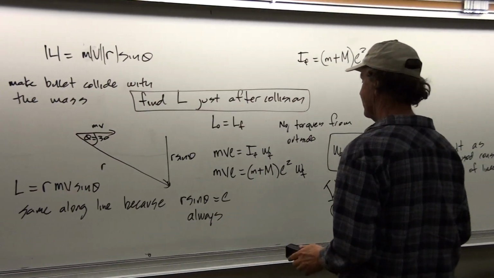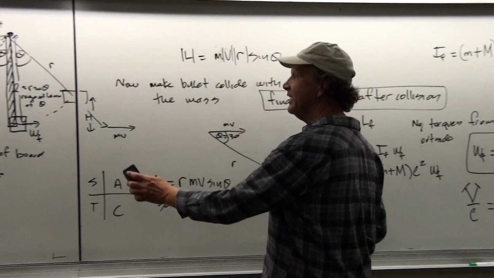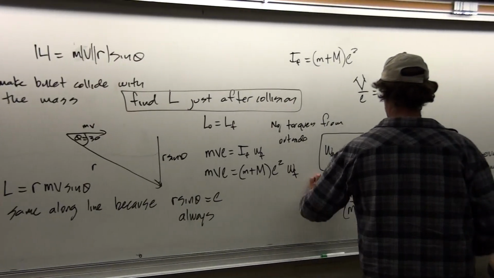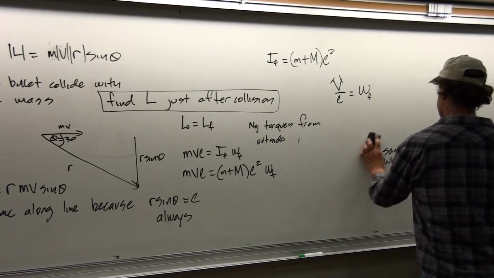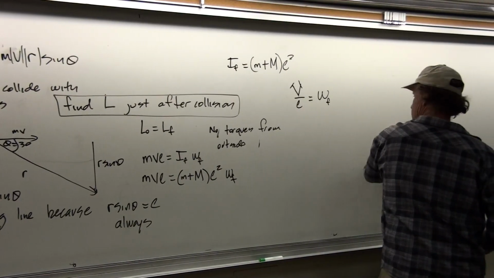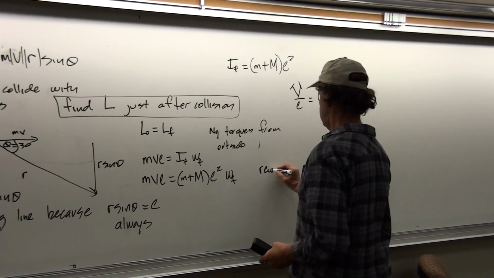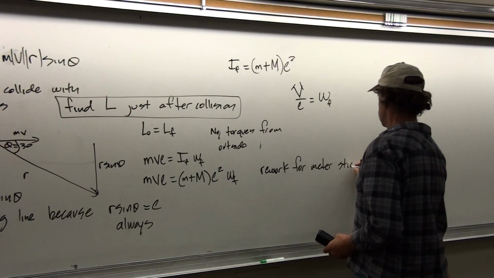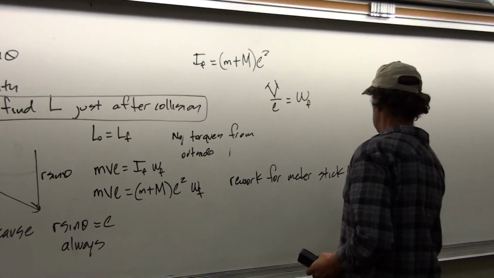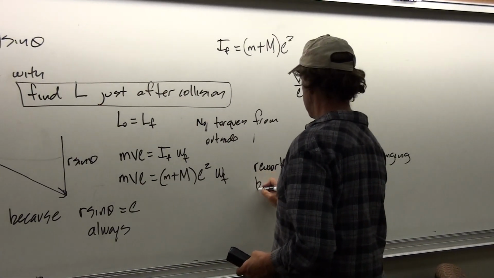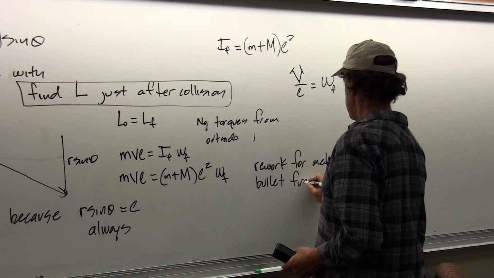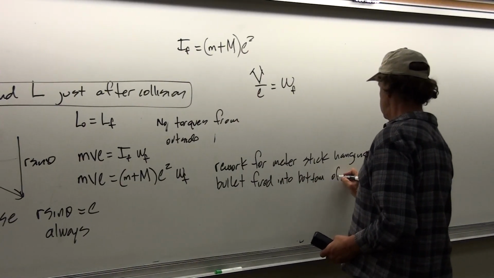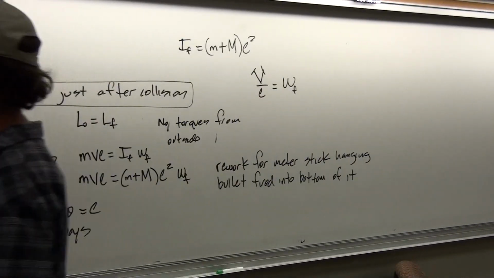Okay, so with the stick then, what we've got, if the length of the stick is L, instead of being the length of the mass, let's rework this for the stick. The bullet is fired into the bottom of it, like this.